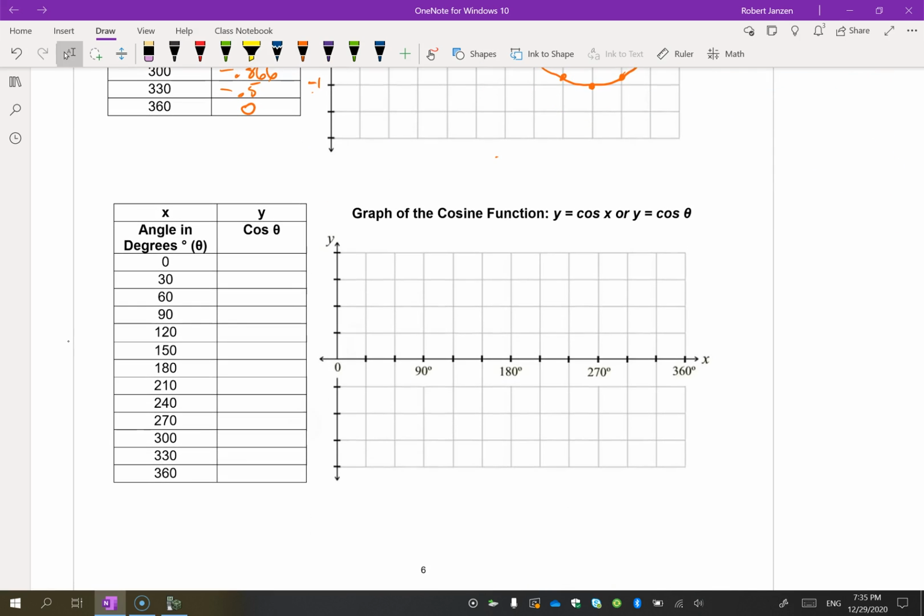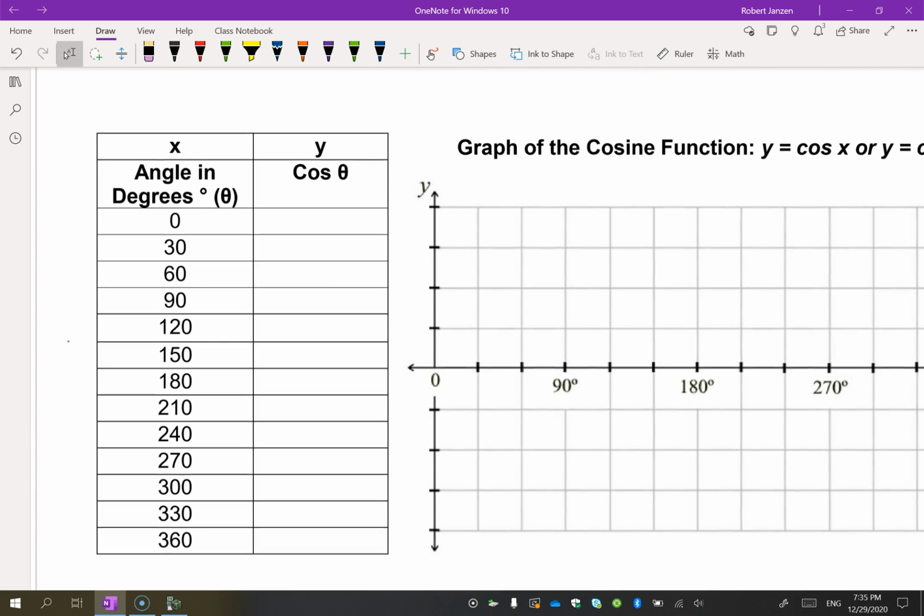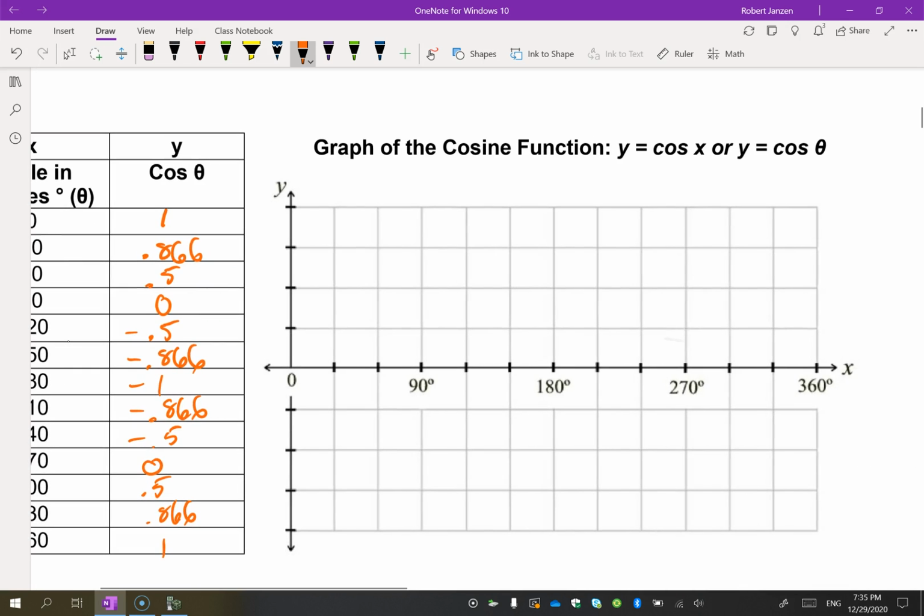Okay, let's do the same thing now for the cos graph. So again, pause your video and fill this in. So use cosine. Okay, so if we put those values in, let's call this 1, call this negative 1, the graph is going to look very similar, but a little bit different.